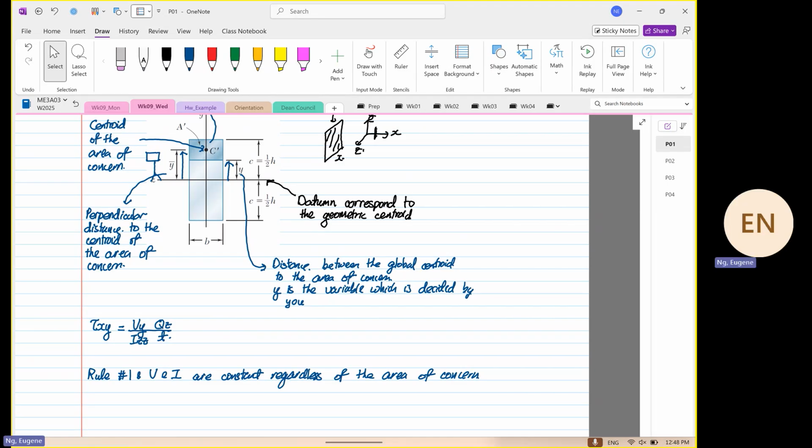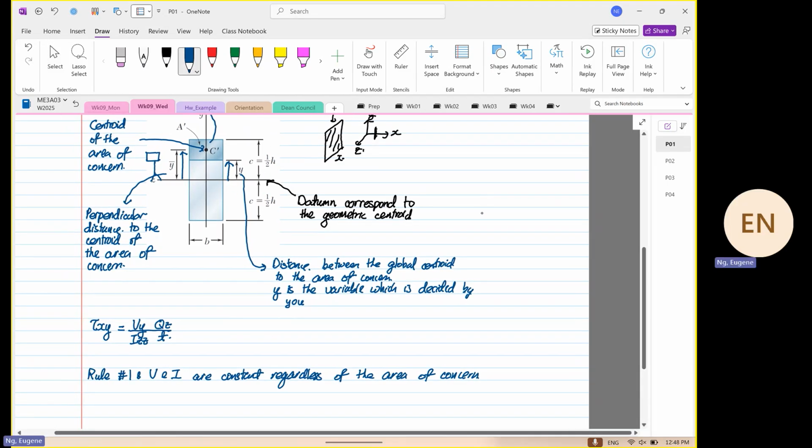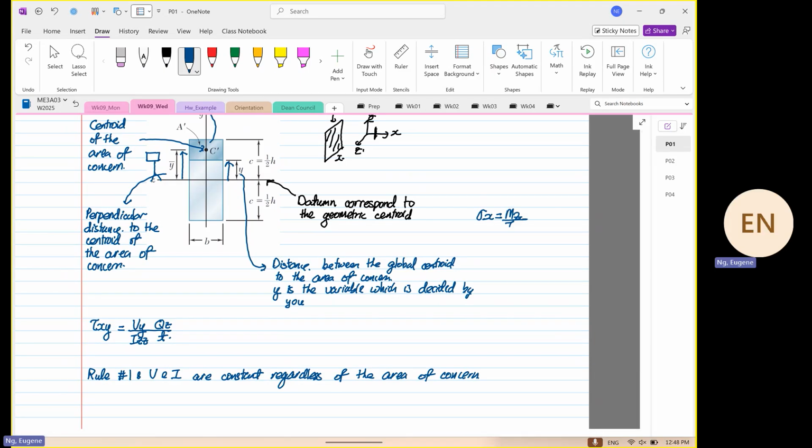Are we clear? If you were to look back in the formula, in bending moment, where we have stress σx is equal to Mz over Izz multiplied by y, you will realize that Mz over Izz is also constant regardless of your point of interest. What changes in this formula?